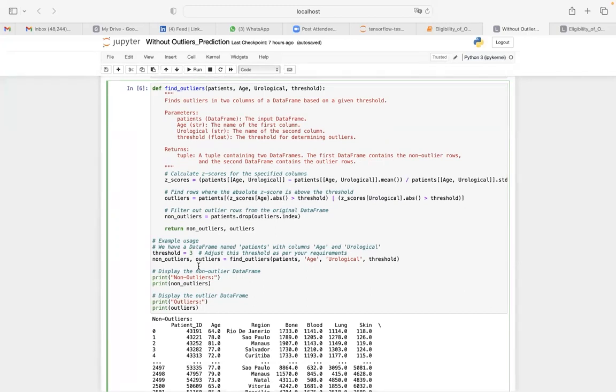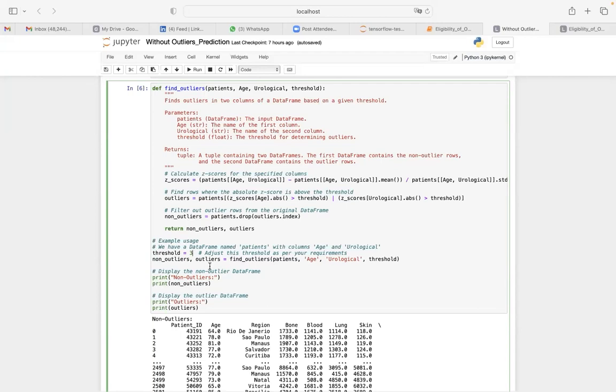It will just change the number of outliers that you get. Don't increase it more than 3, because the standard is 3. You can reduce it as per your usage, but you should not increase the threshold value more than 3, because that will give you a wrong indication.